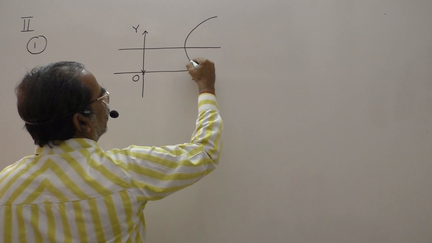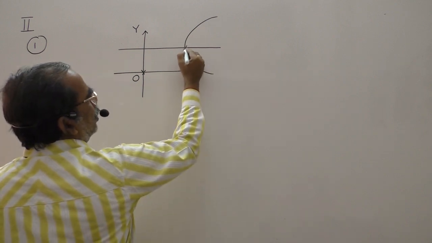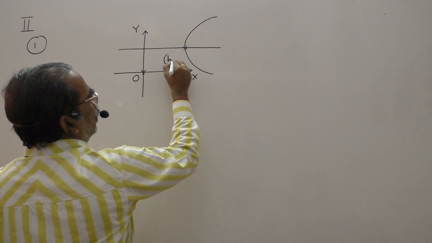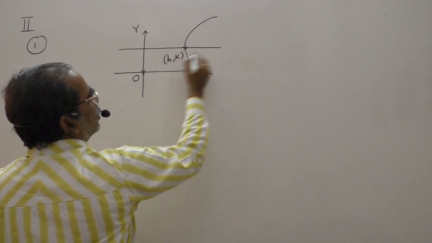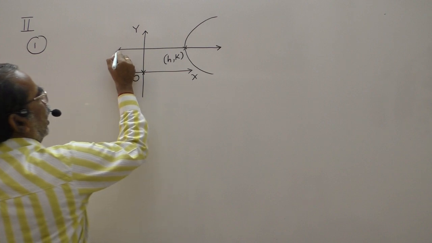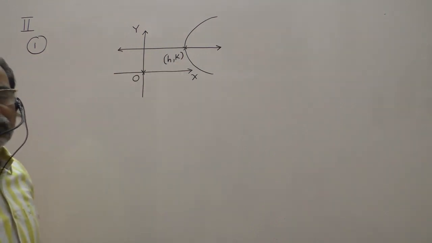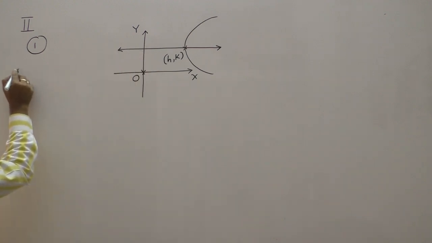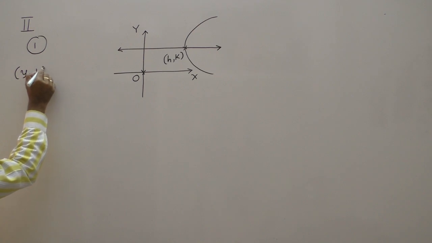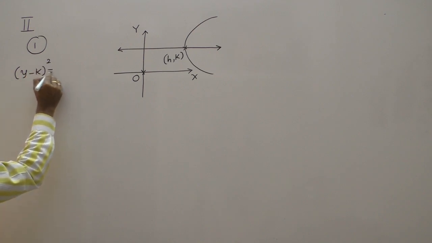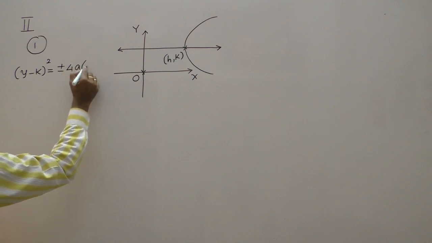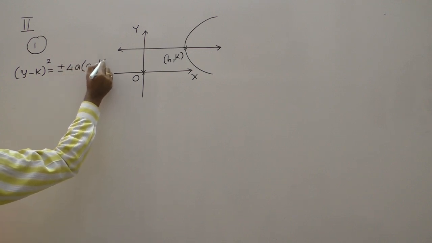Parabola can be like this. Now what is the vertex? Vertex is not origin now. Vertex is some other point h, k, and axis is parallel to x-axis. In this case, the equation of the parabola is y minus k whole square is equal to plus or minus 4a into x minus h.